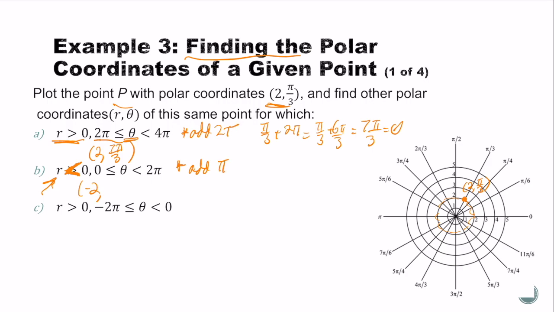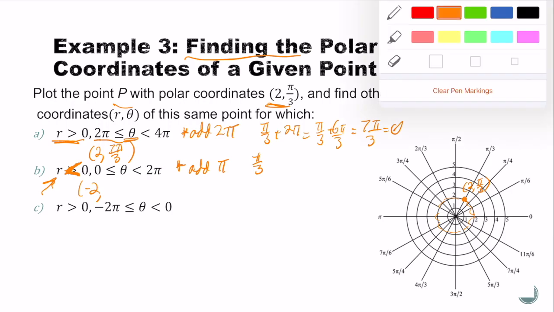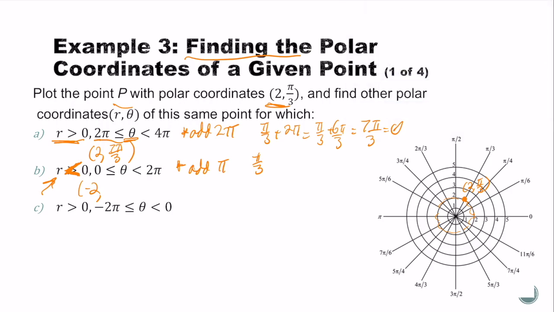So I'm going to go ahead and add pi, because that's going to cause me to go all the way over here at pi over 3 plus pi. Well, that's going to be 4 pi over 3. But then I flip it. So I would be at negative 2, 4 pi over 3. So I can also represent this point by negative 2, 4 pi over 3.